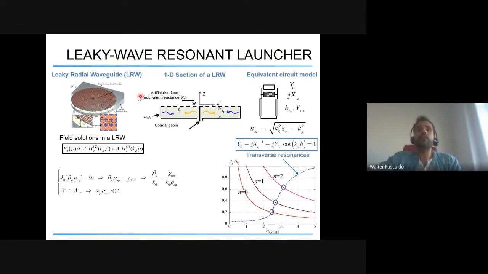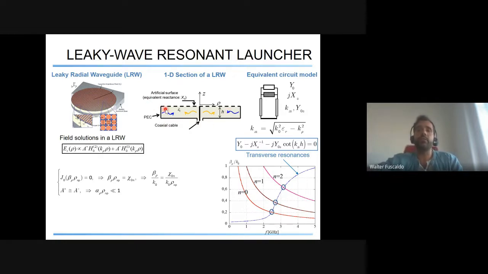You can see that this structure is basically a resonant cavity that is half a wavelength thick and just a few wavelengths large in the radial direction, fed from the center with a coaxial probe. As explained in the previous slide, this is a sort of resonant launcher that will create a Bessel beam in a triangular shaped region.